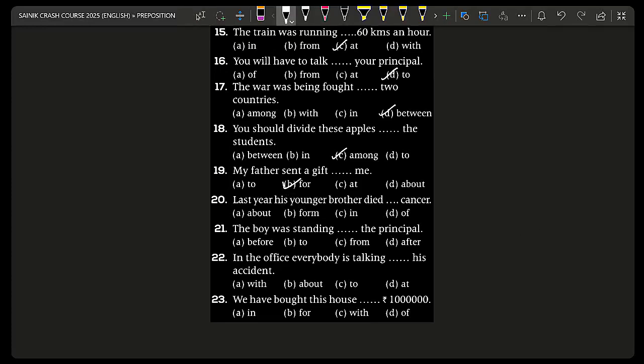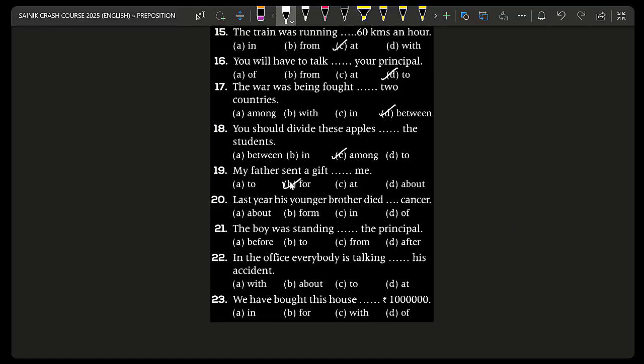20. Last year, his younger brother died dash cancer. If death is happening due to diseases, after "died" we will use one preposition we discussed in one of the grand test paper discussions. "About"? No, died about cancer, no. "In"?